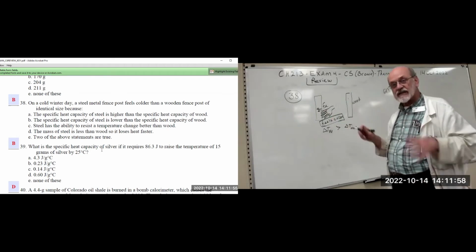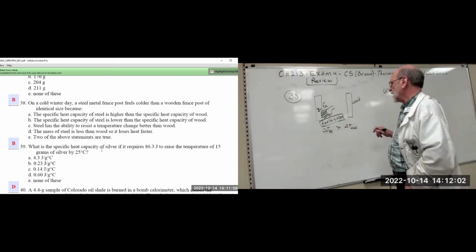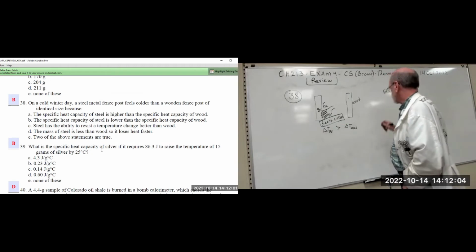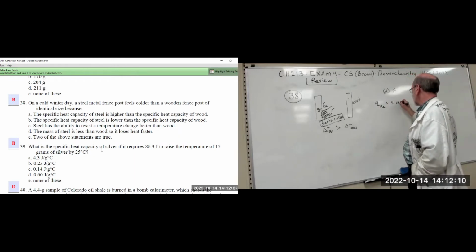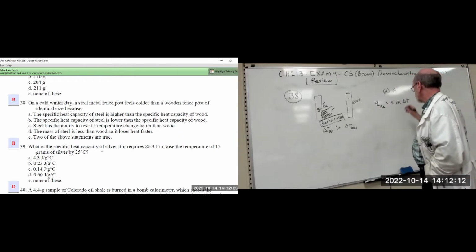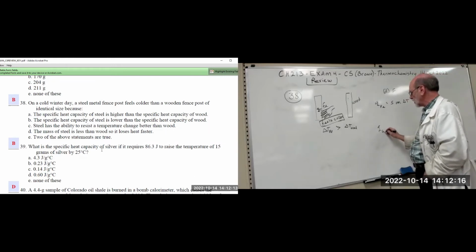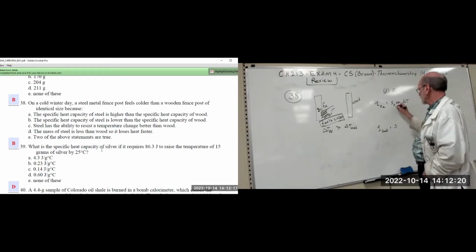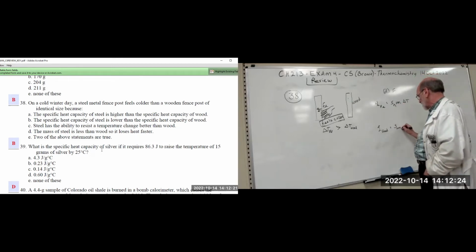All right, now let's see what that means. Q for the steel is equal to S m delta T. And the Q for the wood is S m delta T, and they have different specific heats. That's obvious.